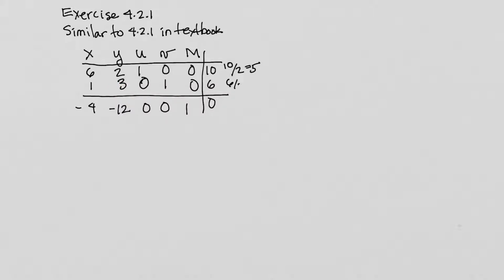So we'll take 6 divided by 3, which is 2. And this is the one we're going to use because that is the minimum. We're going to take the smallest of these two quotients. So the next pivot element in part A of the problem is this 3.